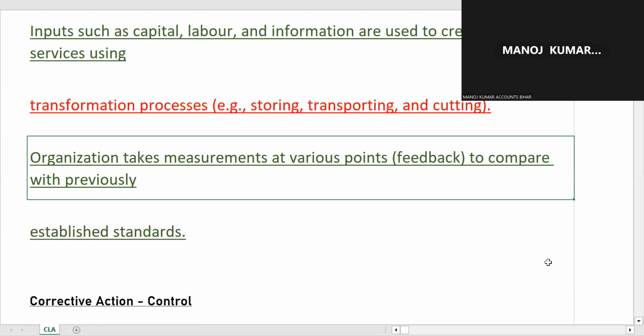Normally when you go to certain service centers or somewhere, in the end they give you a feedback form. That means how was their service compared to your expectation. So your expectation is the standard, and how they have performed is the actual. That comparison when you write and give, that is called feedback.